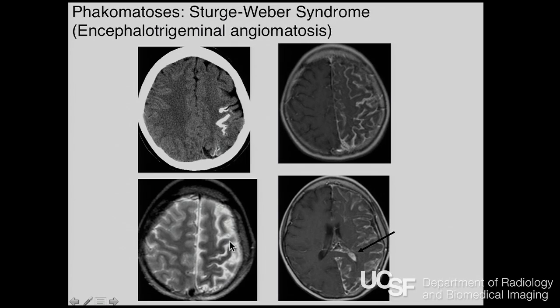There's also prominence of the CSF spaces and low T2 signal within the parenchyma because of changes related to this pial vascular malformation. If you give contrast, you can see diffuse enhancement of the pia. This is essentially a pial angiomatous process, and it's typically associated with enlargement of the ipsilateral choroid plexus and prominence of alternative methods of venous drainage. So you'll see oftentimes dilated medullary veins.